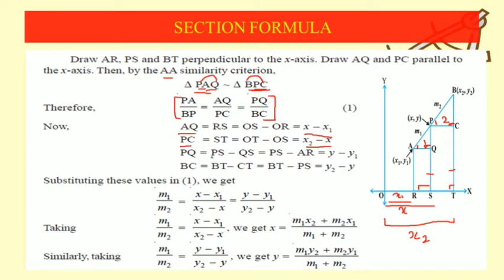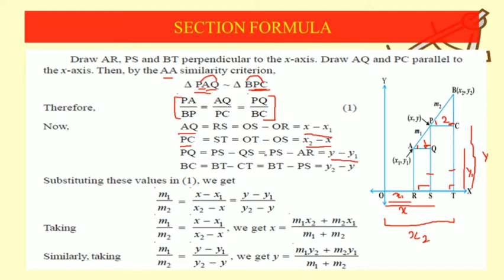Similarly, on the y-axis, we will find the length of PQ. Now see, this is PQ. Up to here, this distance is y, that is PS, and from AR, that is QS, this distance from here to here is y1. So from here to here, y, from this point to this, y1. So this remaining distance PQ will be y minus y1.